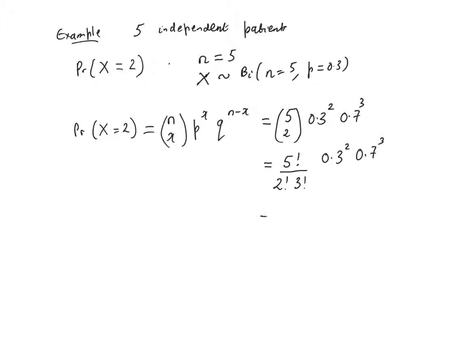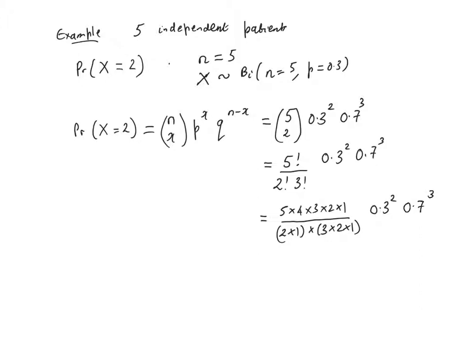If we expand that, we get 5 times 4 times 3 times 2 times 1 for the 5 factorial, divided by 2 times 1 times 3 times 2 times 1 for the 2 factorial and the 3 factorial. Then we've still got the 0.3 squared and the 0.7 cubed.